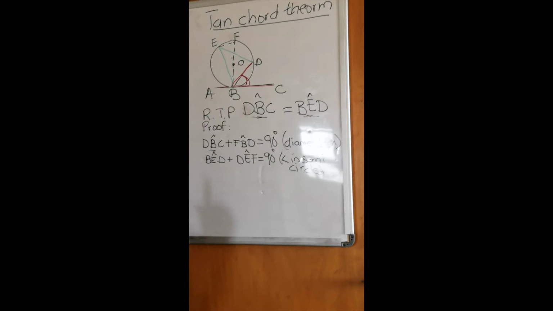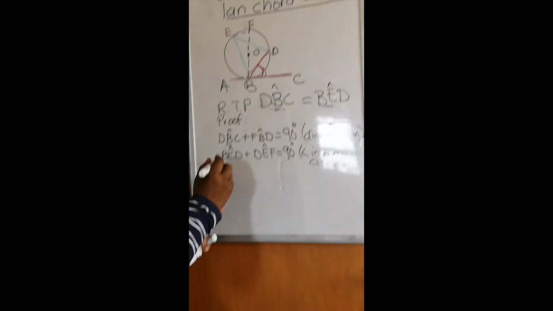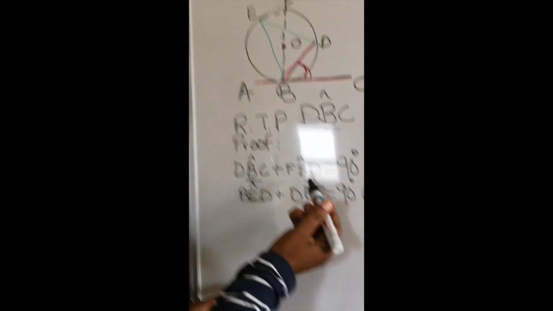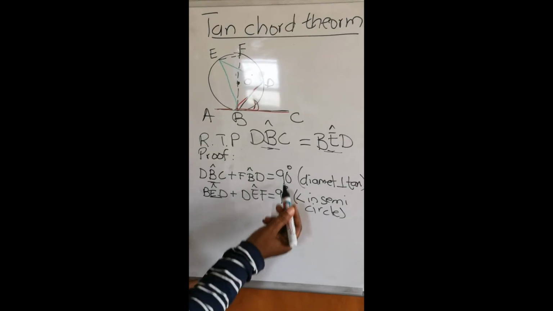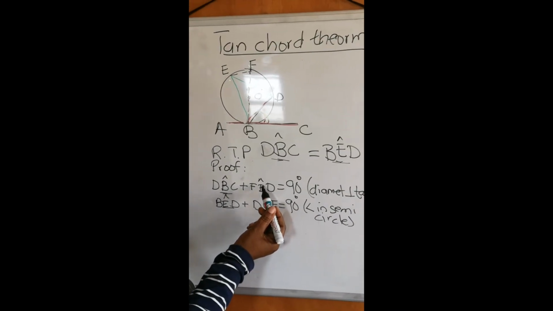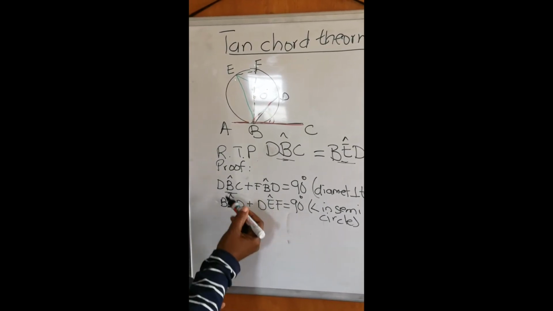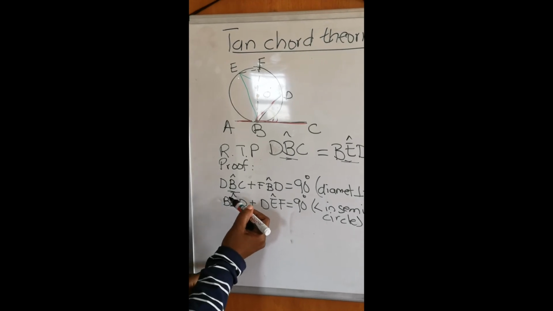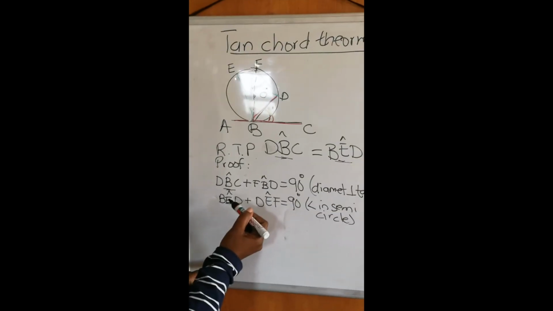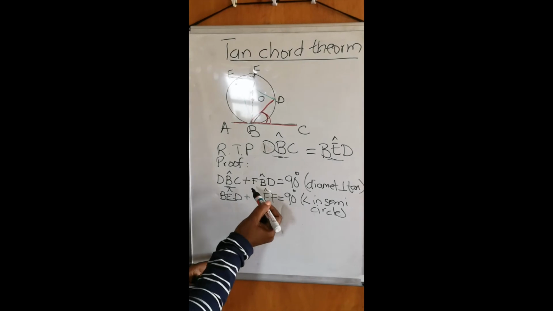Now when you look at our diagram, we have these two angles that we're looking for, and they are equal to something and equal to 90. So if I can prove that these two other angles are equal, then these two angles will be equal. The third theorem that we're going to use is angles in the same segment.